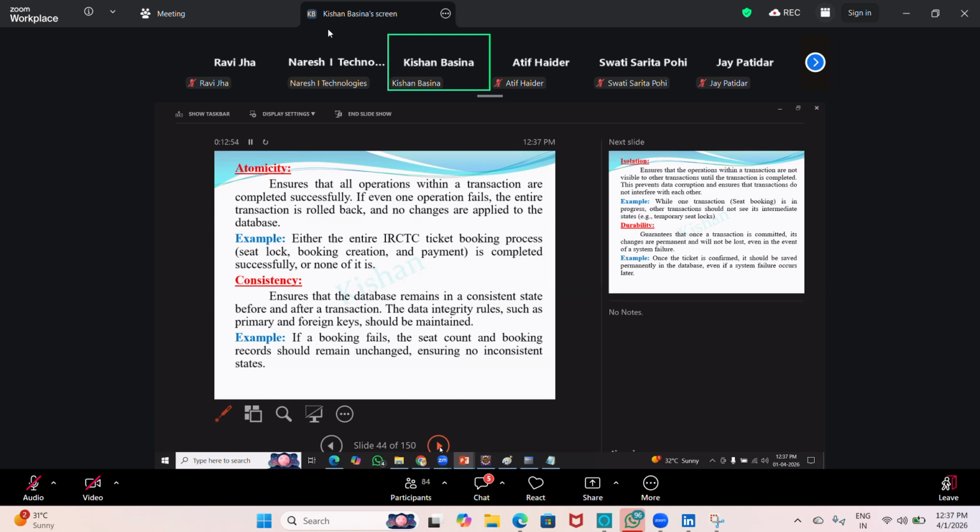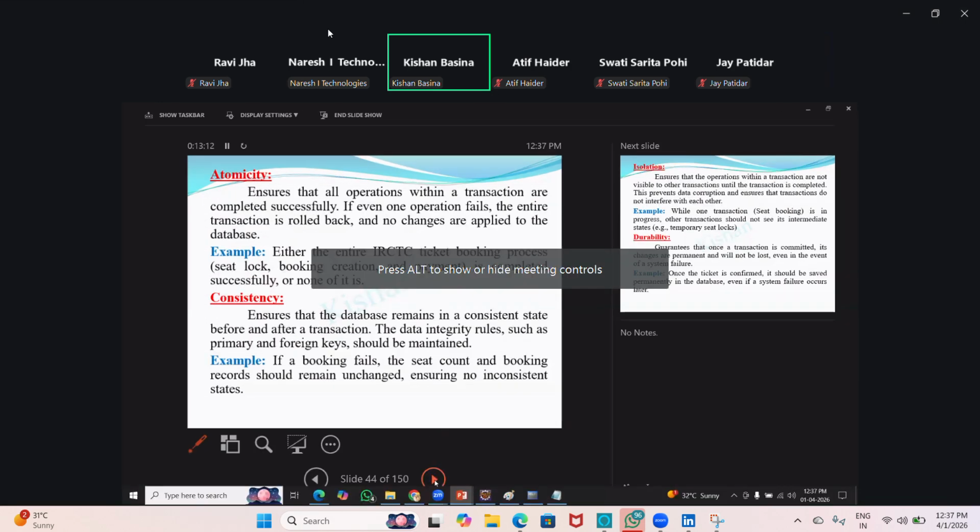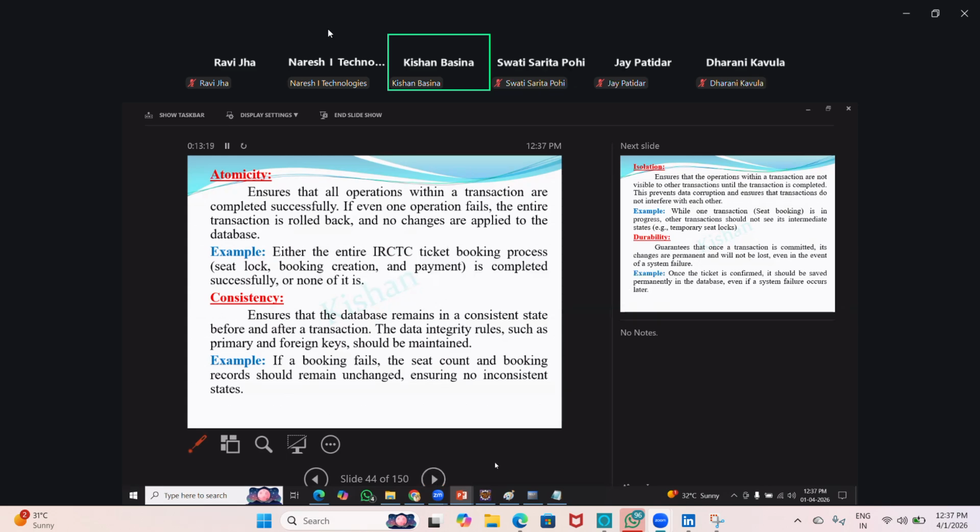Write what you understand in your own words. Please don't copy paste. Read and write in your own words. It may be an example, it may be anything. I'll upload these notes in the Google Classroom.